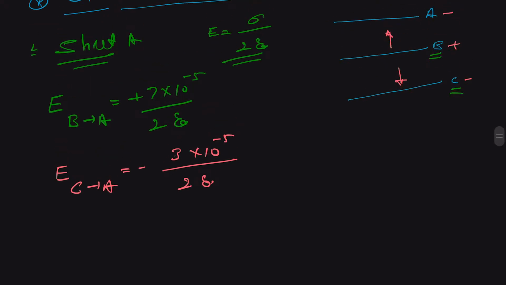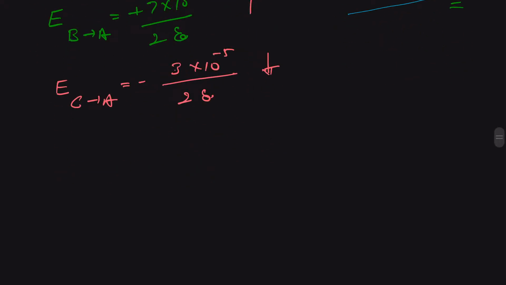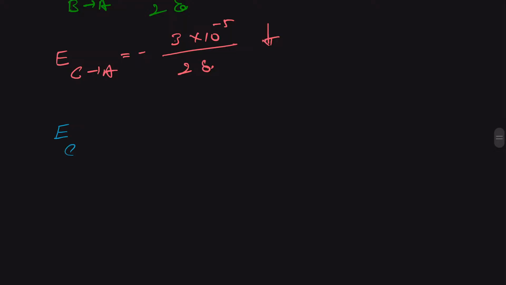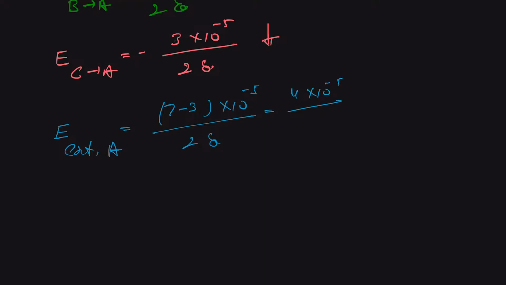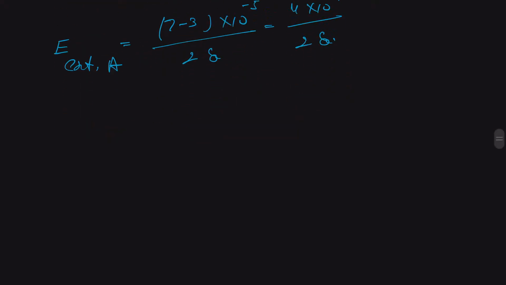Now for direction, from B to A it will be upward, and from C to A it will be downward, because C has a negative charge. Therefore the net external field on A will be the subtraction because both are opposite. So this comes as 7 minus 3 into 10 to the power minus 5 divided by 2 epsilon naught, which comes as 4 into 10 to the power minus 5 over 2 epsilon naught. Now we come to sheet B.